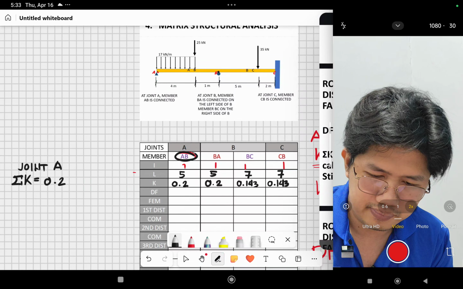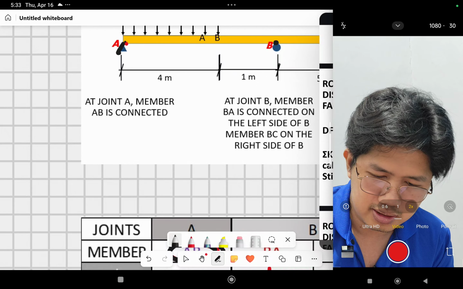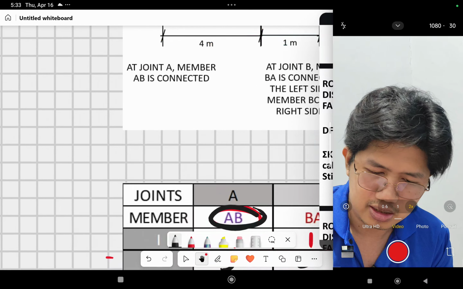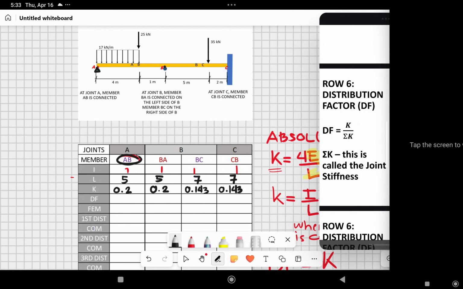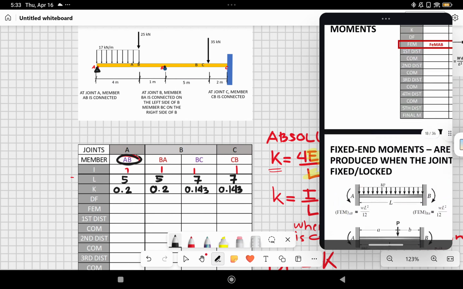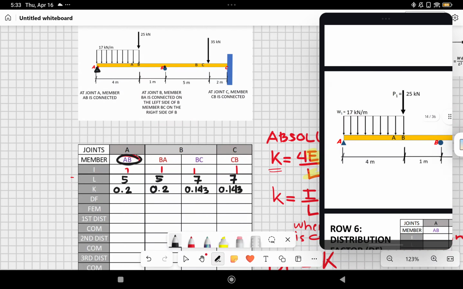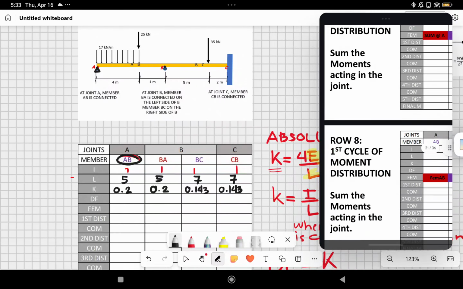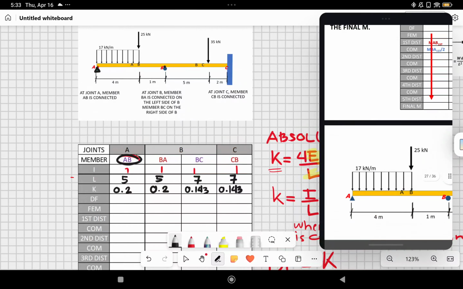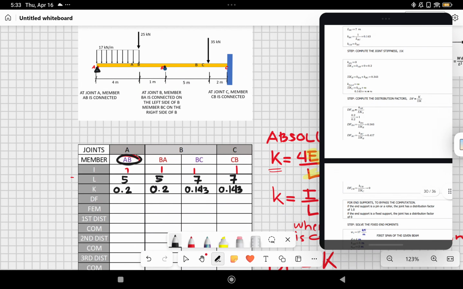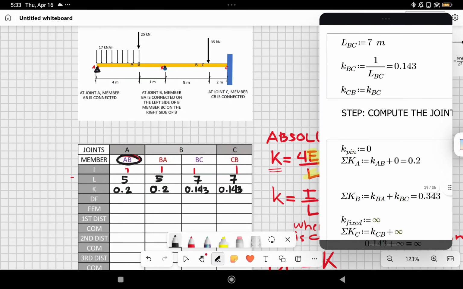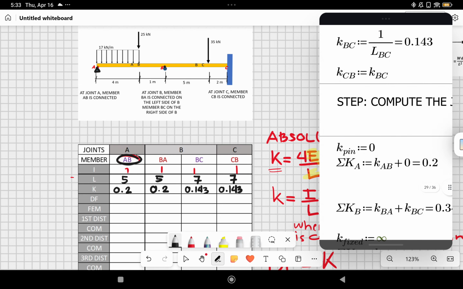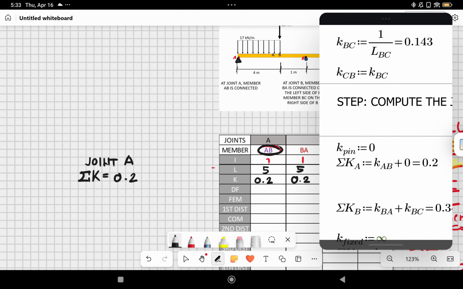And sino pa? Si pin. There's a pin connection at A. But si pin connection is usually given a value of, hindi ko nalagay sa PowerPoint or nalagay ko banda dito na sa dulo. Okay, for pin, we give it a value of 0. Okay? Let me write it here.